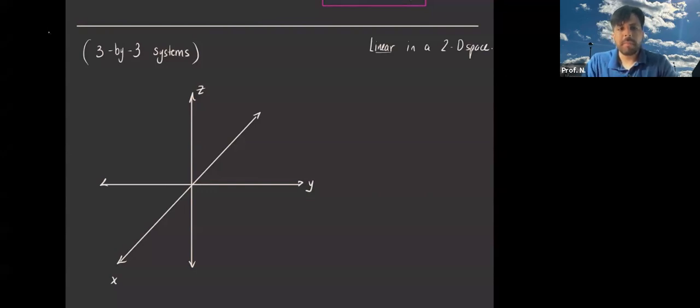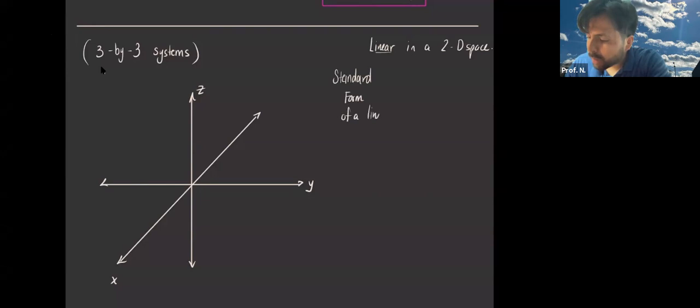This is called the standard form. Maybe you've seen it, maybe you haven't, but it's not so much utilized unless you talk about systems of equations. And that's ax plus by equals c. Have you guys seen this before?